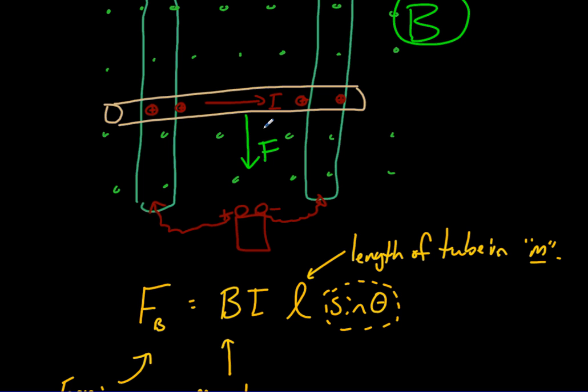If you were to inject a charged particle in such a way that it were moving in line with the magnetic field, then the two magnetic fields would not interact in such a way to produce a force, right? If I were to take this magnetic field and put it in line with the current, well, then this flowing charge's magnetic field and the magnetic field would not interact to repel one another, okay?